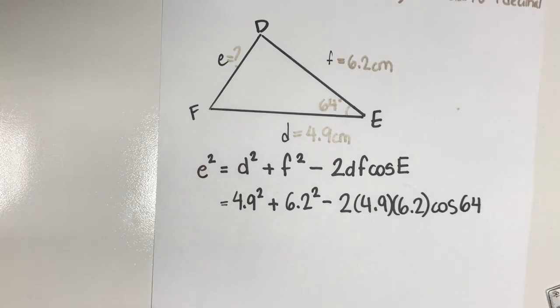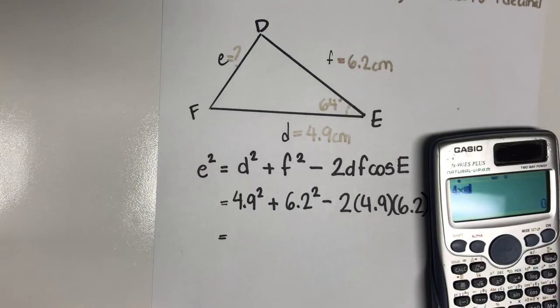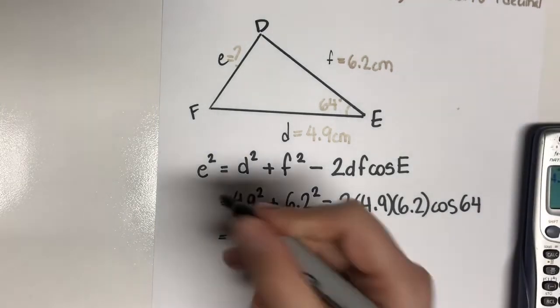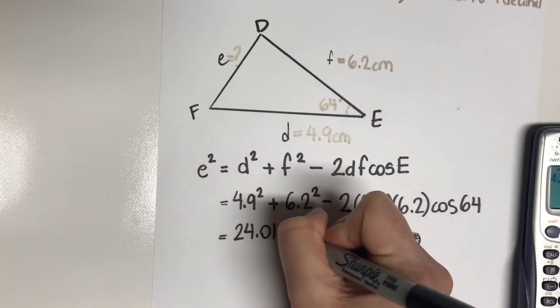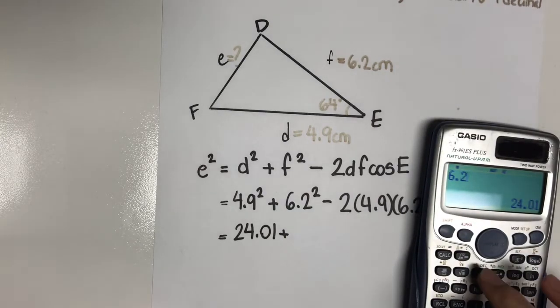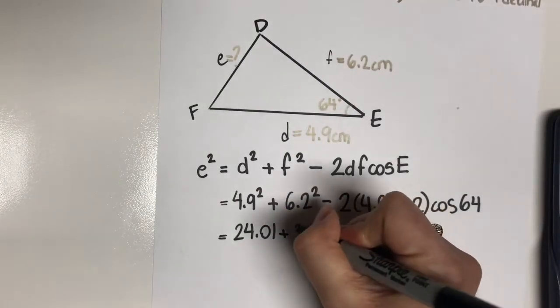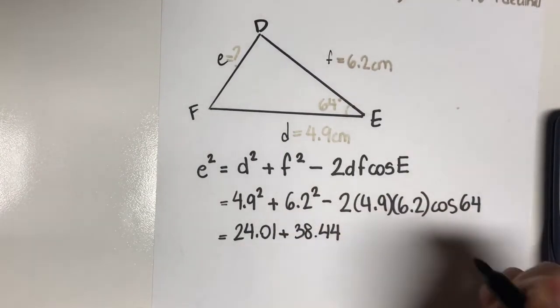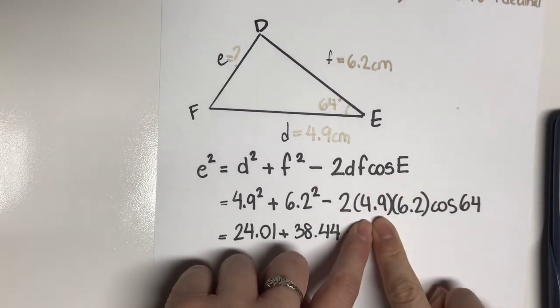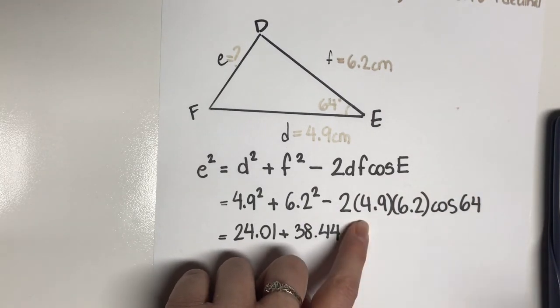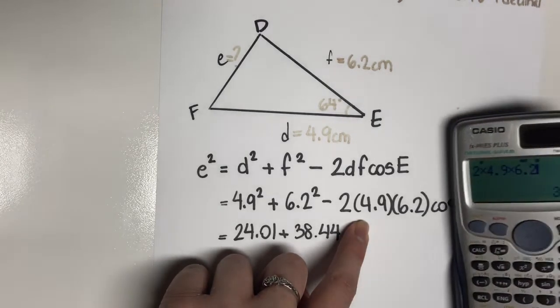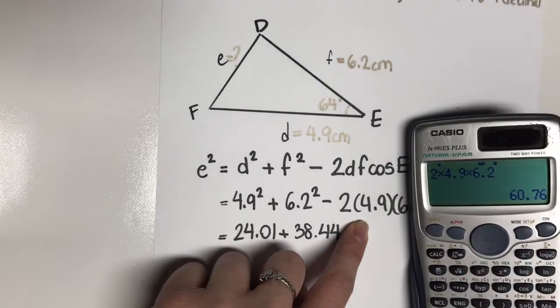Now I'm going to simplify. 4.9 squared gives me 24.01. 6.2 squared gives me 38.44. And in this step, I want you to multiply this out. So 2 times 4.9 times 6.2 gives me 60.76.